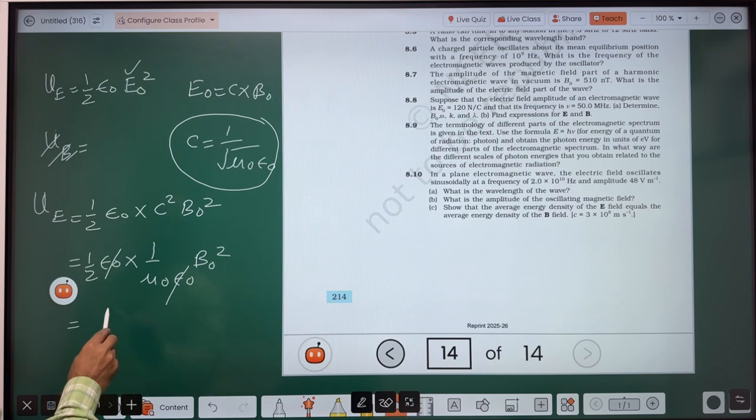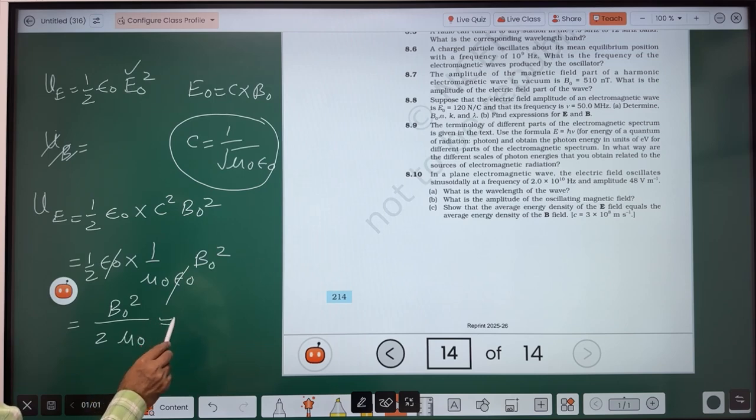And then epsilon naught will cancel out, and we will be left with B0 square divided by 2 mu naught, and this is the energy density in magnetic field. This is UB. So we have got the answer.